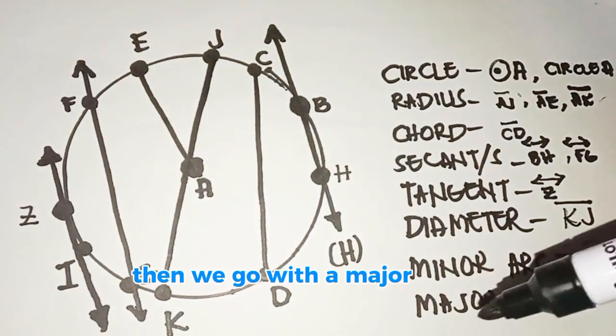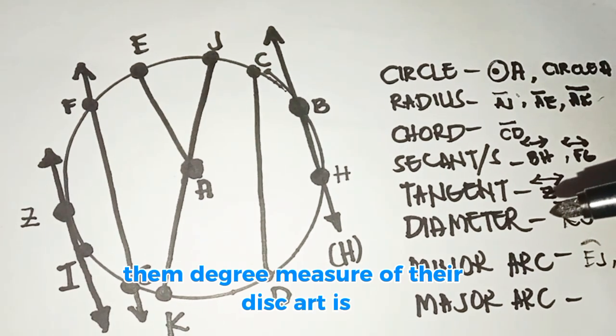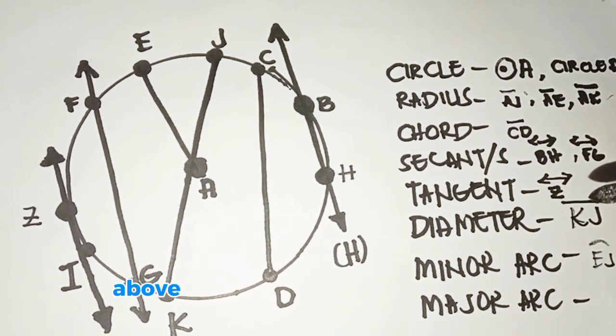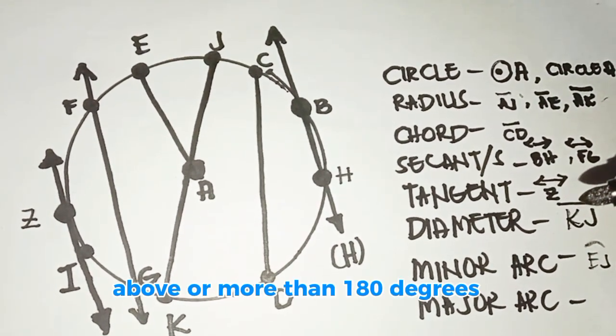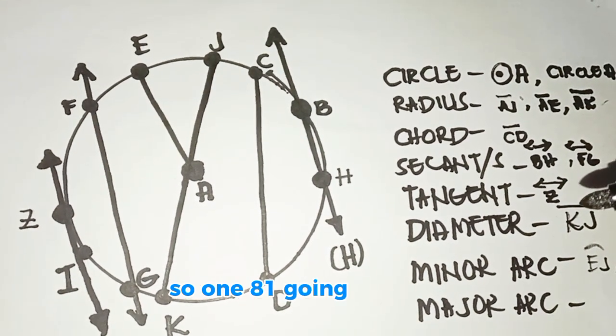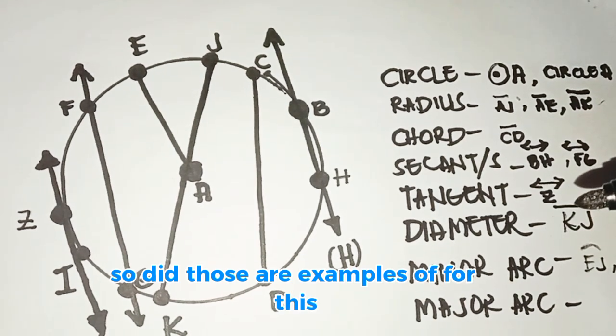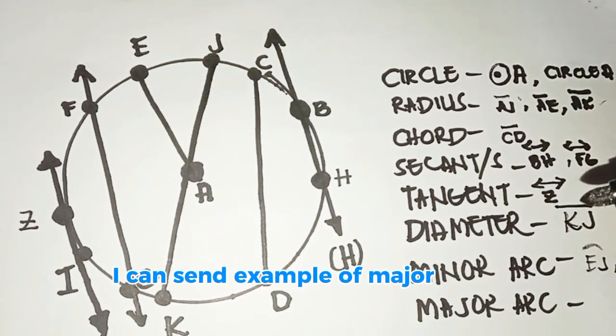Then we go with the major arc. Major arc, the degree measure of this arc is above or more than 180 degrees. So 181 going above. So this arc is an example of major arc.